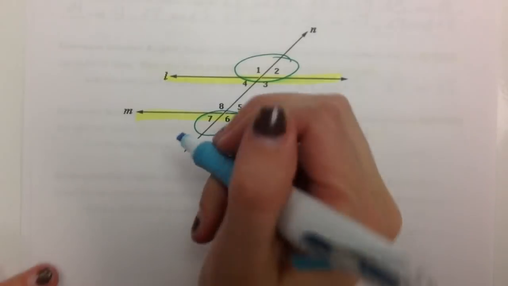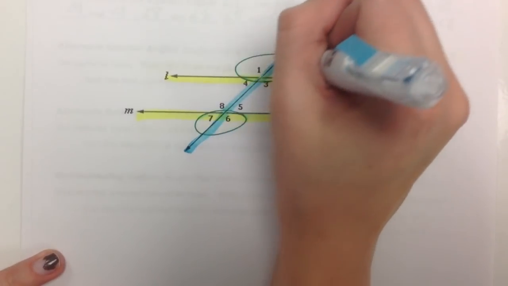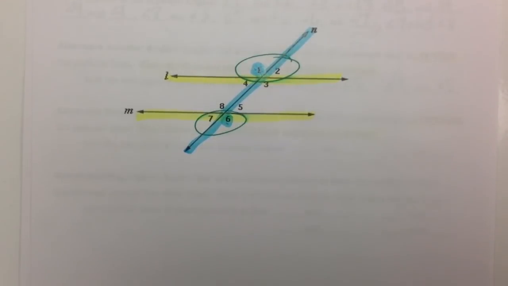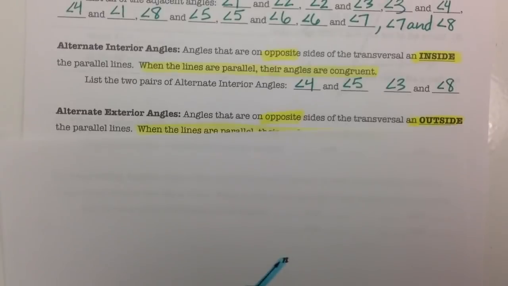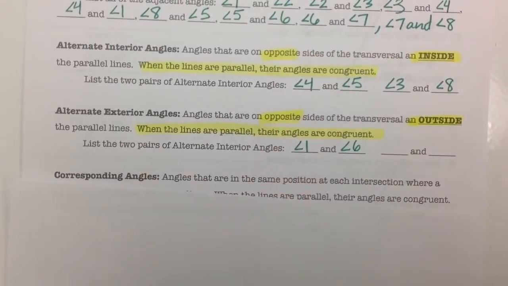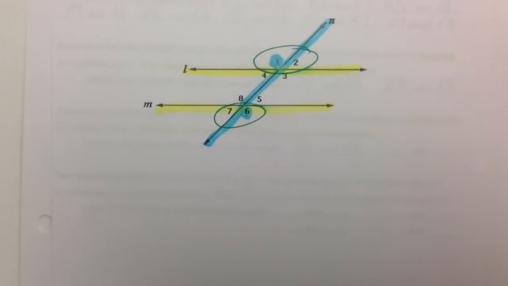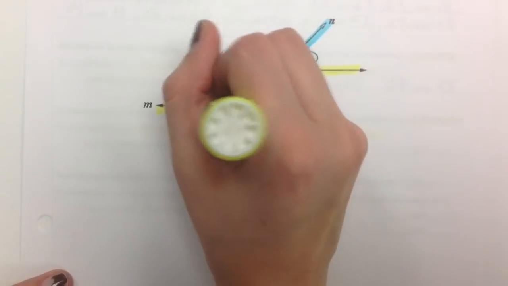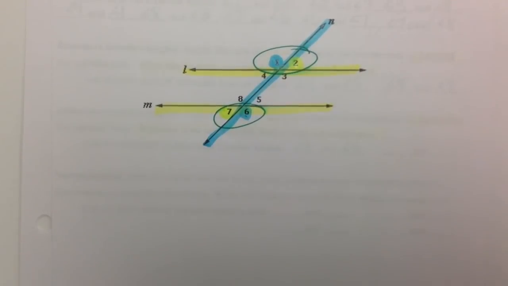So here's our transversal. We've got 1 is on the left side, 6 is on the right side. So those are a pair of alternate exterior angles, angle 1 and angle 6. Then we've got angle 2 is on the right side, angle 7 is on the left side.